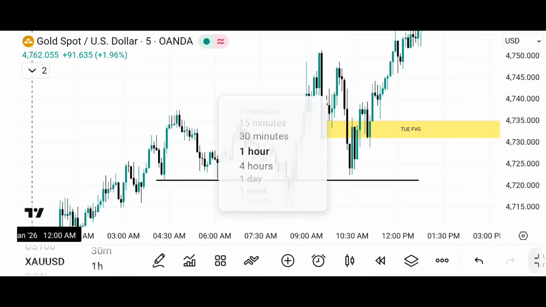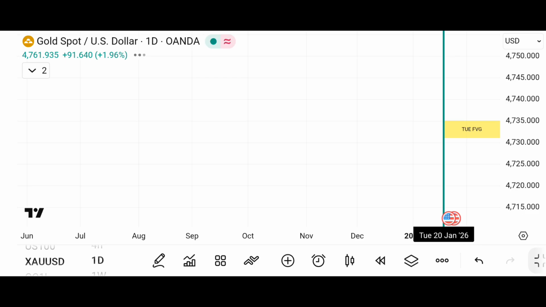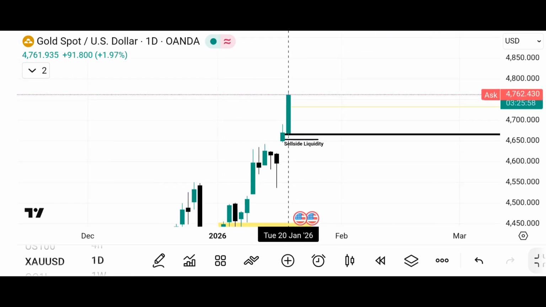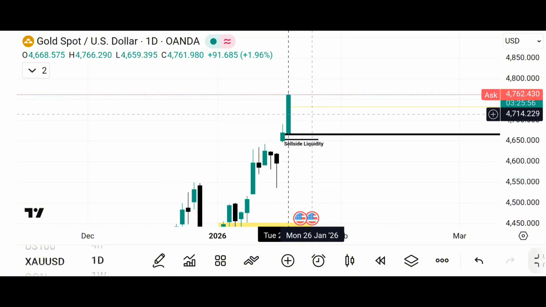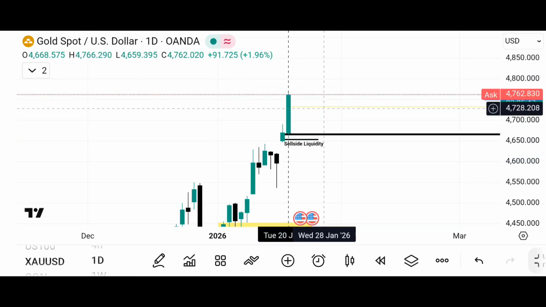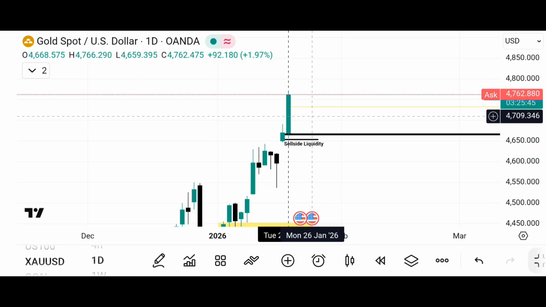Now there's something I said about a currency, a pair, that is at its all-time high. Gold currently is at its all-time high. When a pair is at its all-time high, you always anticipate the next candle to be bullish. That's the safest way to trade it.